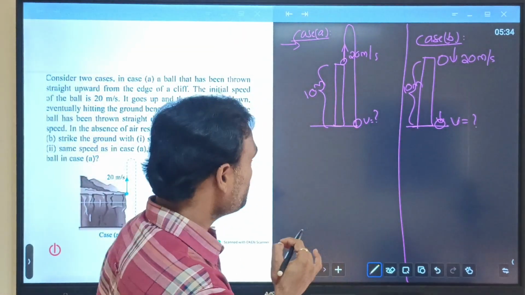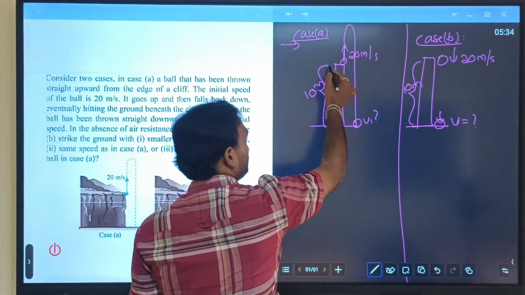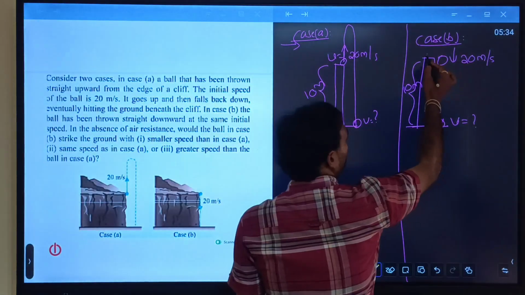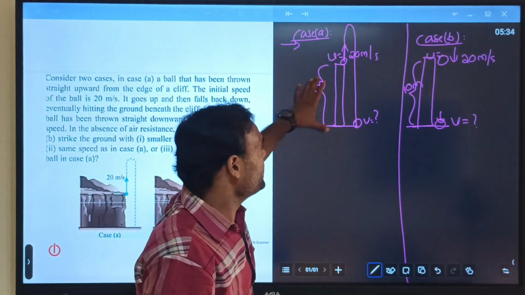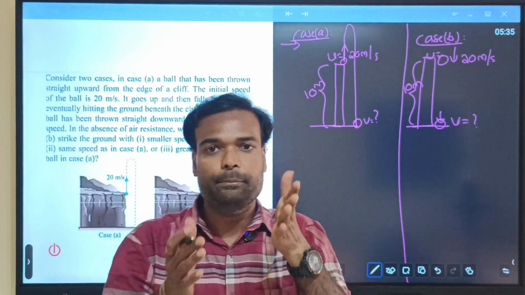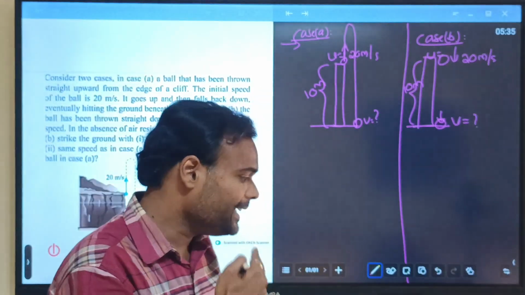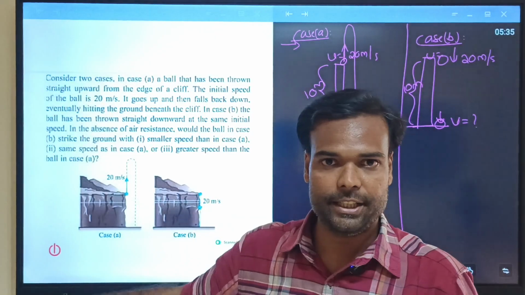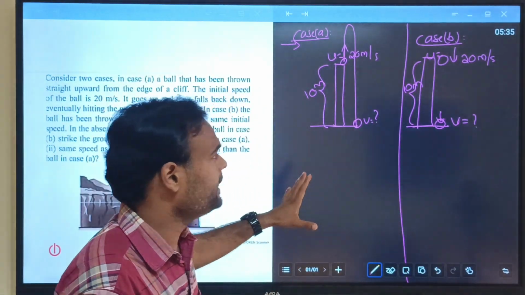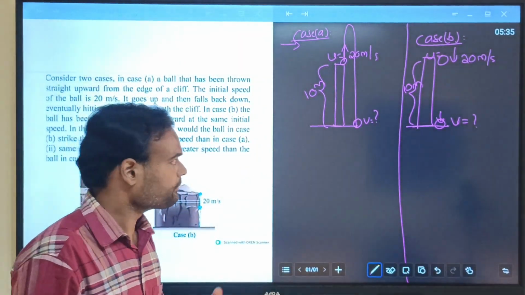There is a relation between initial velocity and final velocity, and the separation, let us assume 10 meters. So out of the given equations of uniformly accelerated motion in the vertical direction, which will be very suitable here, that we need to find first.